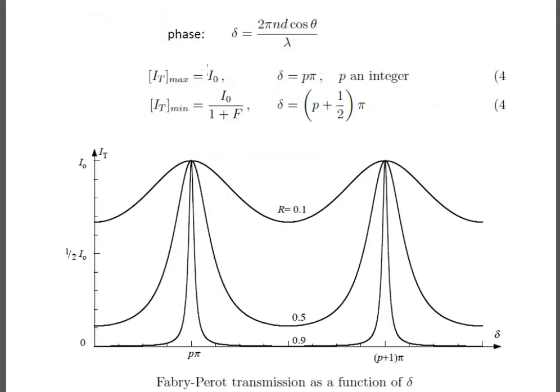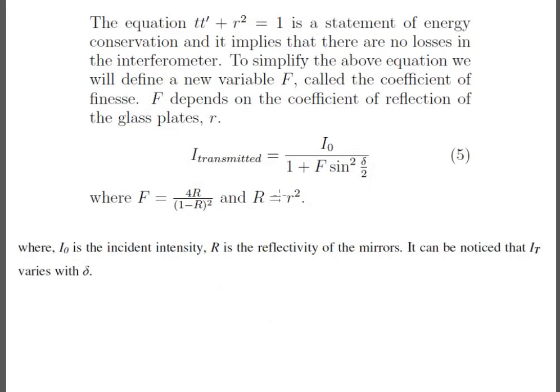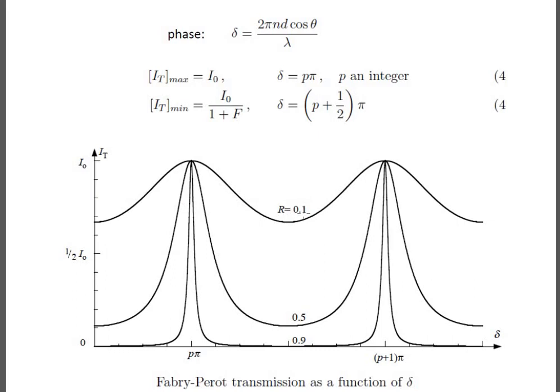This is the maximum limit, and this is the minimum limit for these values of delta. Here I have shown you the transmission plot as a function of delta, and also as a function of the reflection coefficient r.